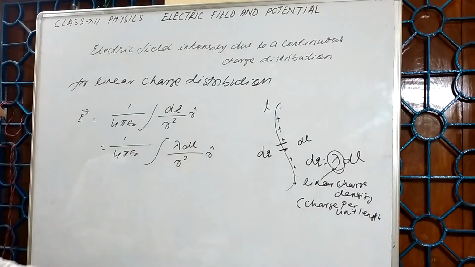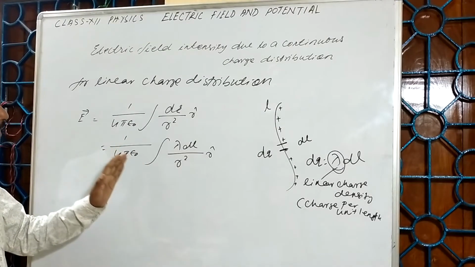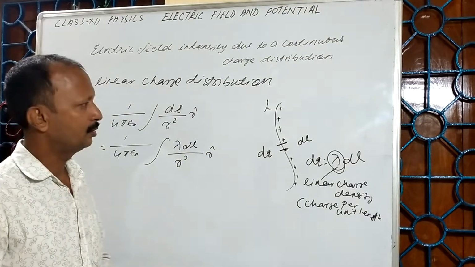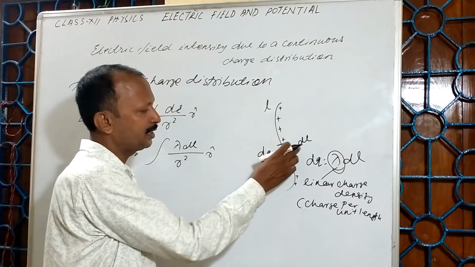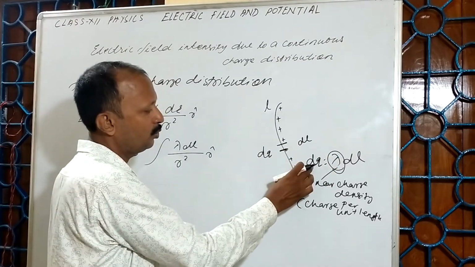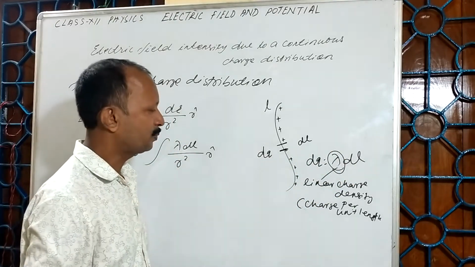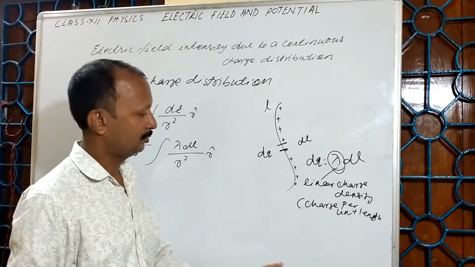This is the field intensity due to a continuous linear charge distribution. The total length I have taken is L, the small element of length is dl, and dq is equal to lambda into dl because, as I explained previously, charge is directly proportional to length.